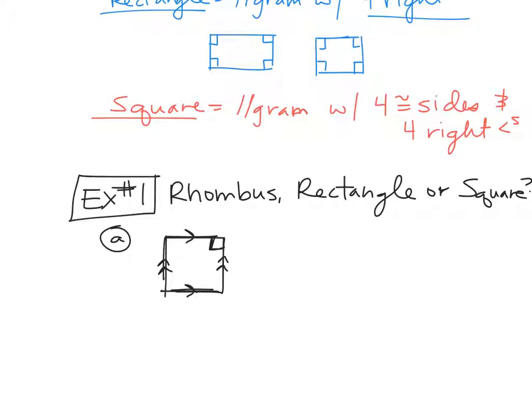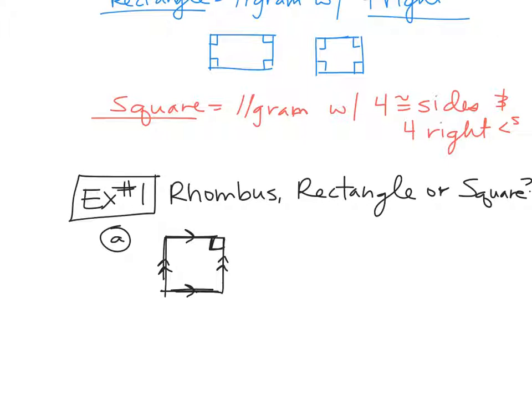Why would it be a square? Because the sides are. We don't know the sides are congruent, though, right? We know the sides are parallel. Yeah. We know the sides are parallel. Opposite sides are parallel.